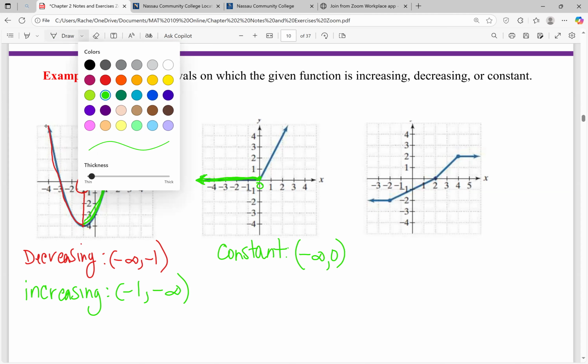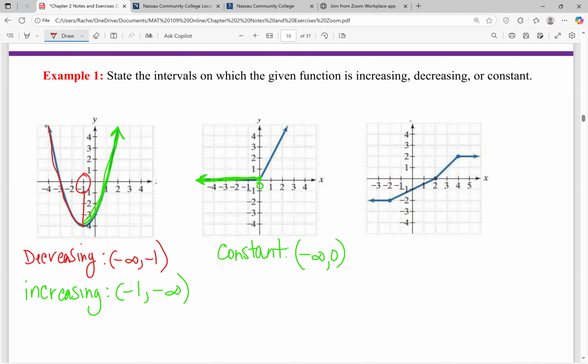And then the function is increasing over this portion of the graph that I'm highlighting in red. So the graph is increasing from x equals 0 to infinity. Over the rest of the life of that graph, x is approaching positive infinity. So the graph is increasing from 0 to infinity.